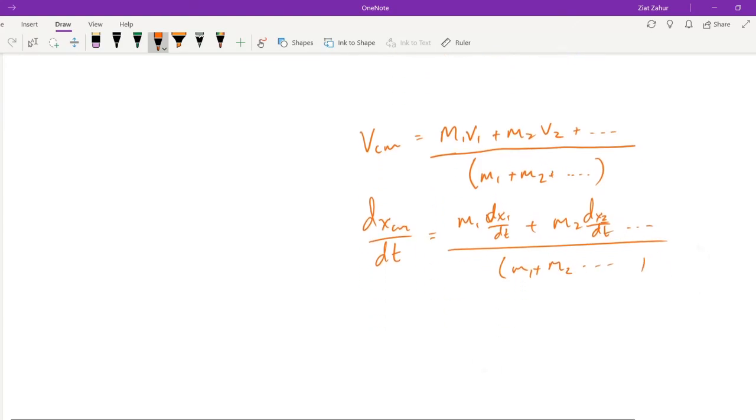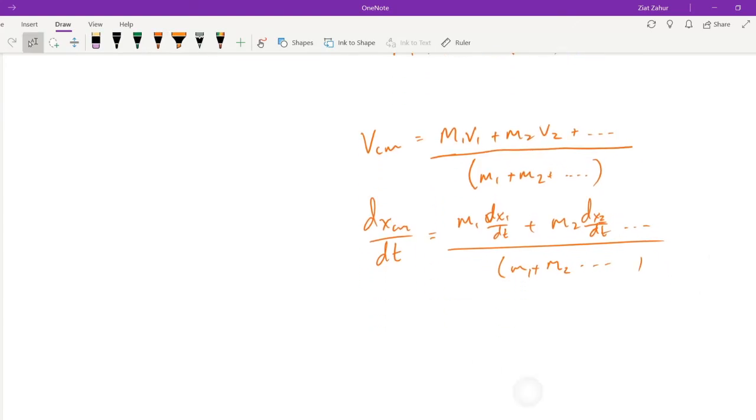Okay. And so by multiplying everything by dt, or integrating it for the same amount of time, we essentially get the XCM formula.